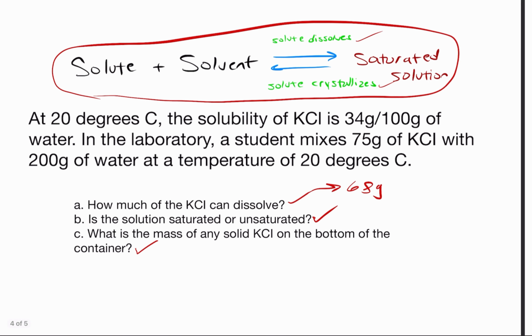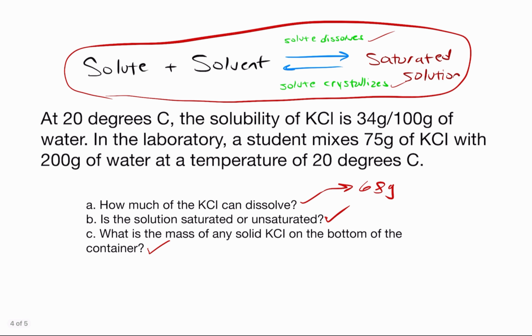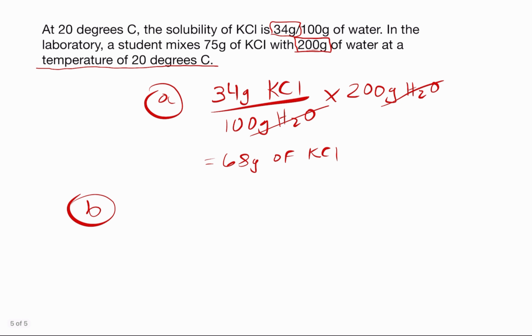So now if we go to our next question, so this is A. If we go to our next question, is the solution saturated or unsaturated? What do you guys think? So we're saying that in the 200 grams of water, only 68 grams of potassium chloride dissolves.